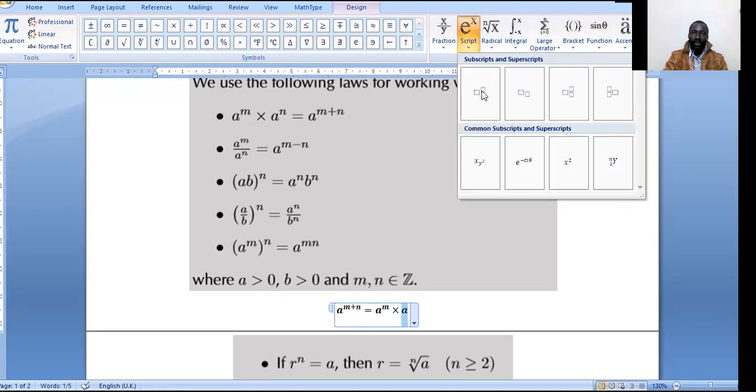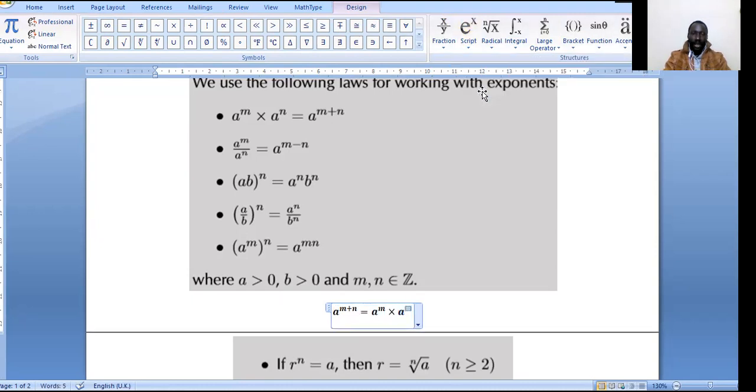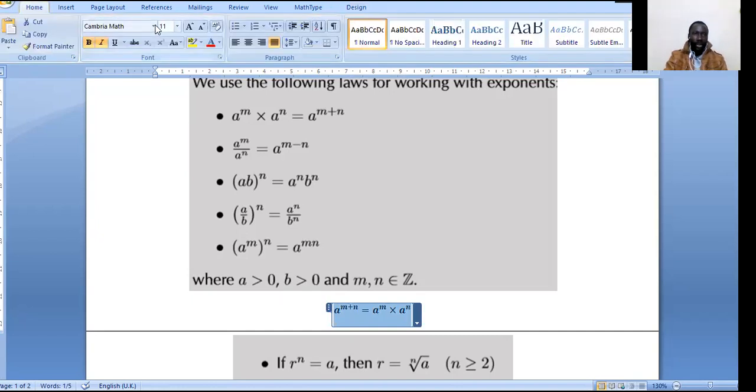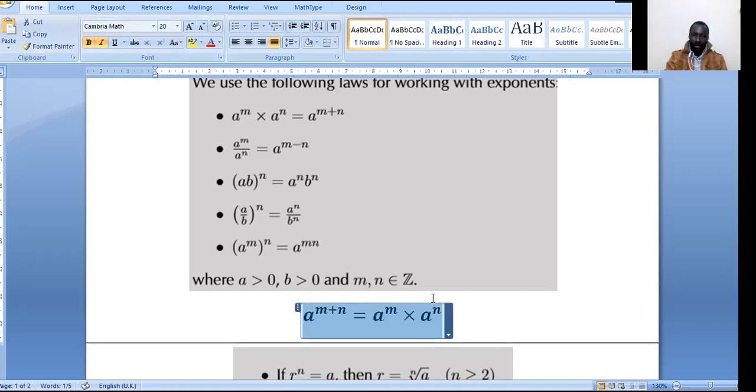Now, it's very important to understand that this law, known as the product law or the product rule, works either way, forward and backward. So you can have it in the forward direction, or you can find an expression like this on the right-hand side and take it to the left-hand side.